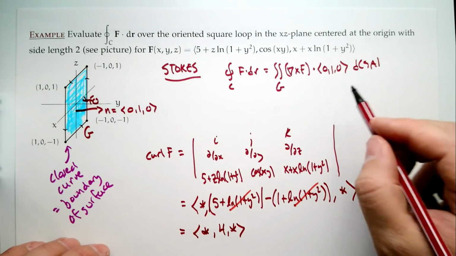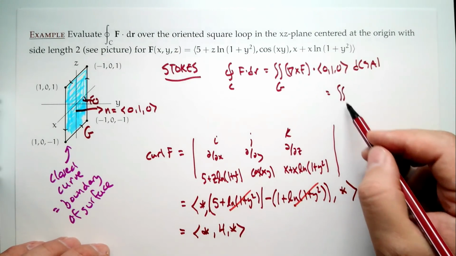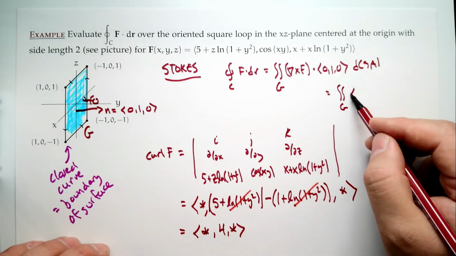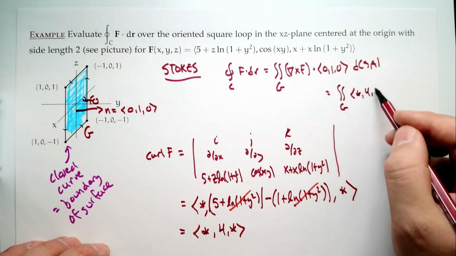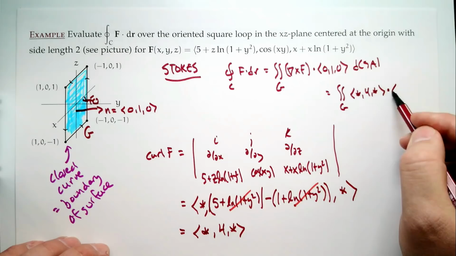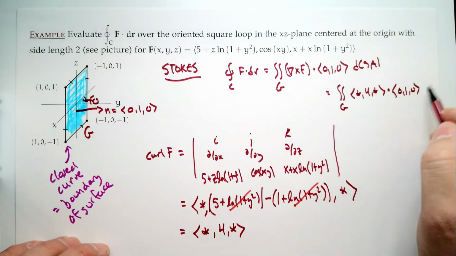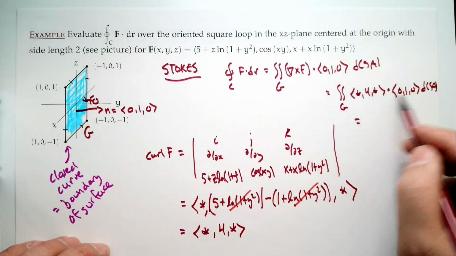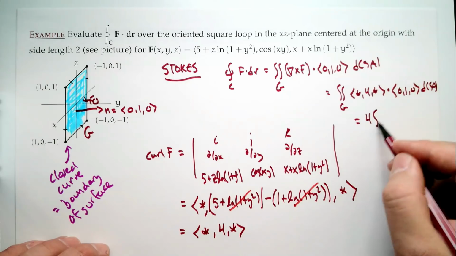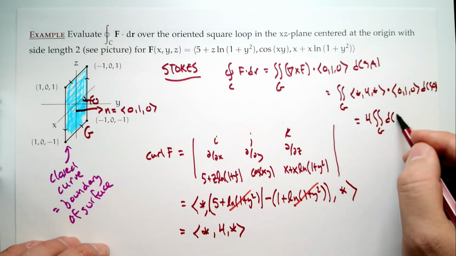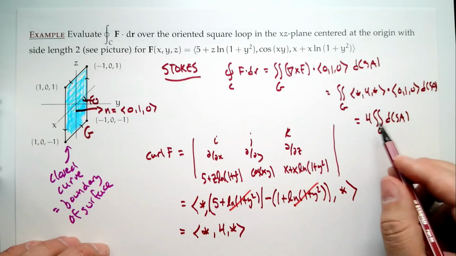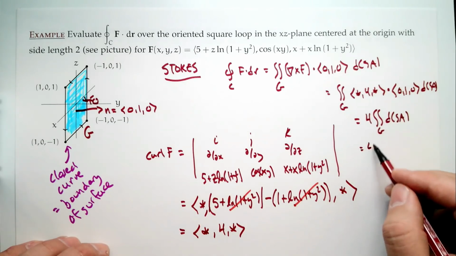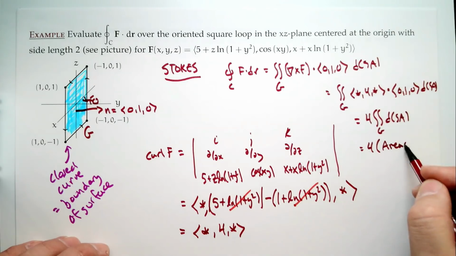So coming up here, this becomes the integral over our surface of something for something dot 0, 1, 0 dS. And so that's a 4 when you multiply it out. So this is 4 times the integral over the surface of dS, the surface area. So that's 4 times whatever the area of our surface is.